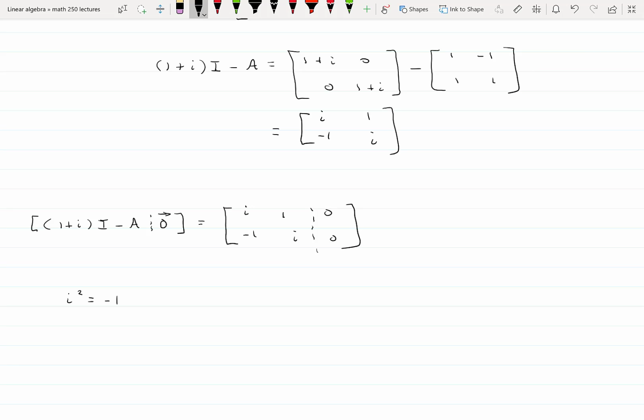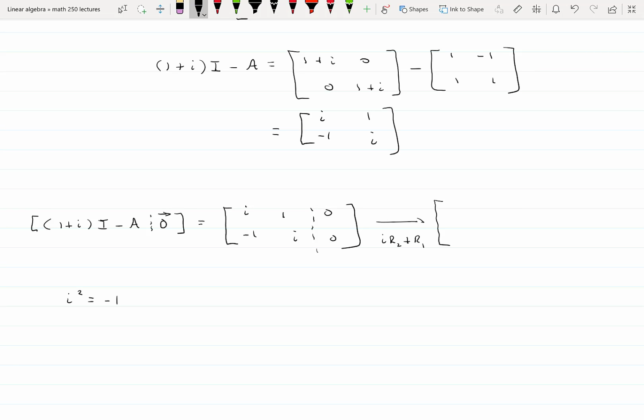I want a 0 in the second row in the first column. That's not so bad. All I need to do is take i times row 2 and add that to row 1. If I take i times row 2, I'll get negative i in the second row and first column, and I add that to the first row and first column.